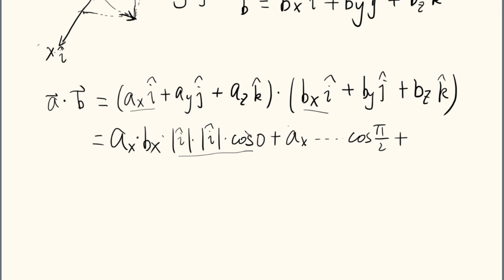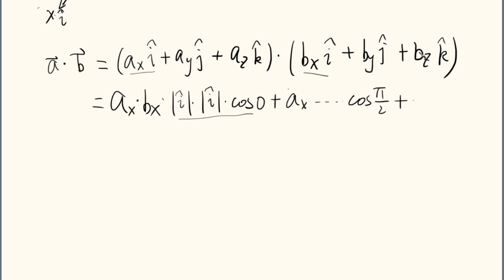And this one also, this part AX I roof times BZ K roof is also 0. Okay, this is 0. So only one part, one component.